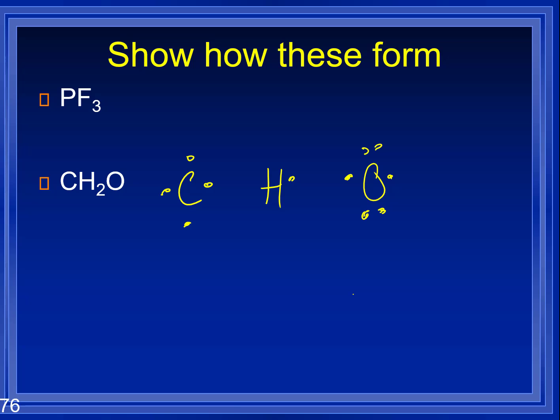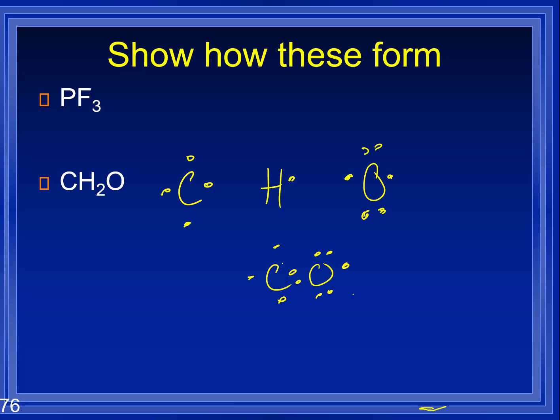Where should I start? Okay, so the oxygen and the carbon I should hook together because hydrogen's a dead end. It's one of the things we learned last week, right? Hydrogen's a dead end. So I'm going to put 1, 2, 3, 4, and then I can hook the oxygen with this 1, 2, 3, 4, 5, 6.